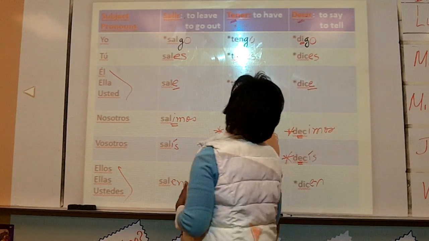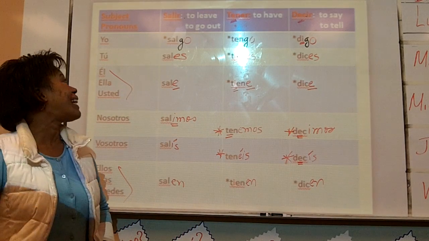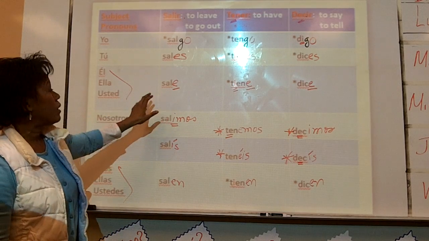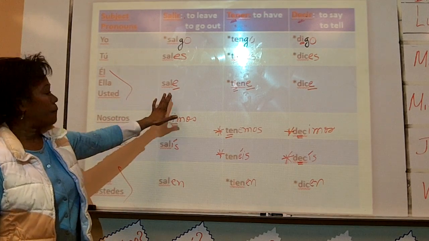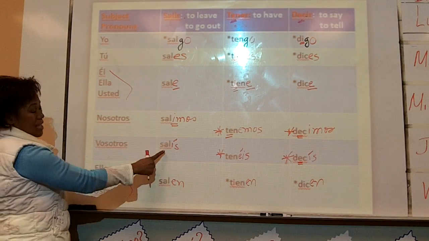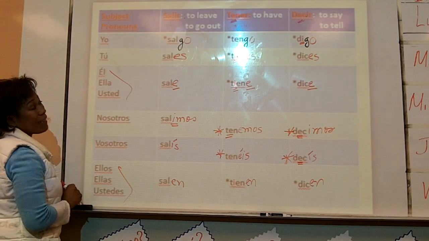Okay, let's go over the pronunciation. Yo salgo, tú sales, él sale, ella sale, usted sale. Nosotros salimos, vosotros salís, ellos, ellas, ustedes salen.